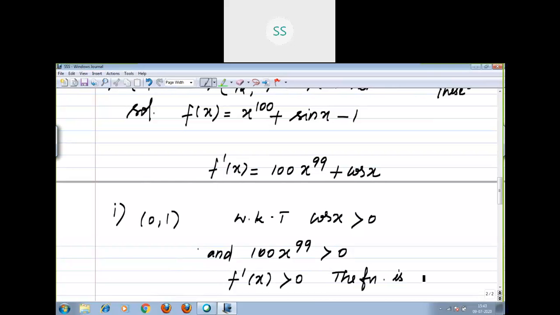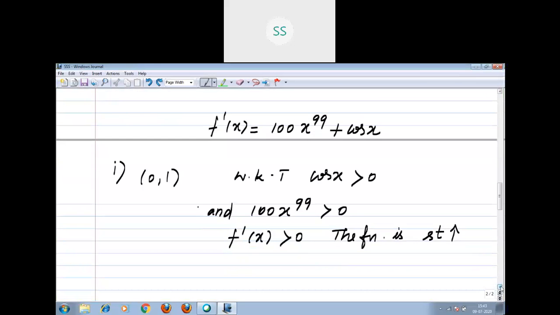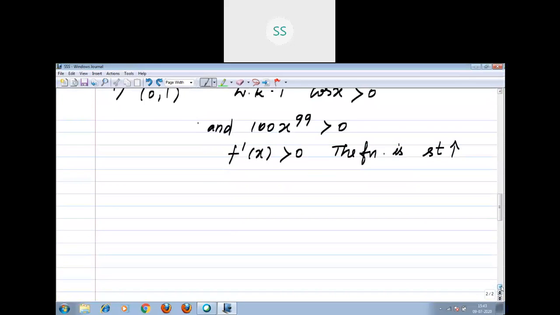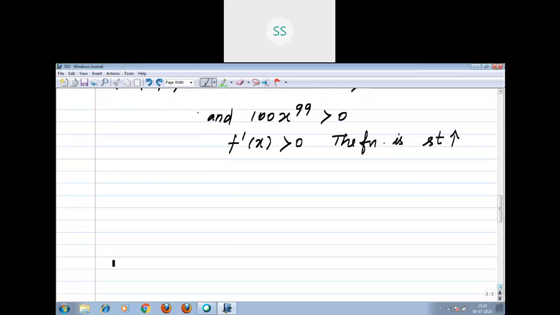The function is strictly increasing on the open interval 0 comma 1, right? Strictly increasing. Next interval, what is it?